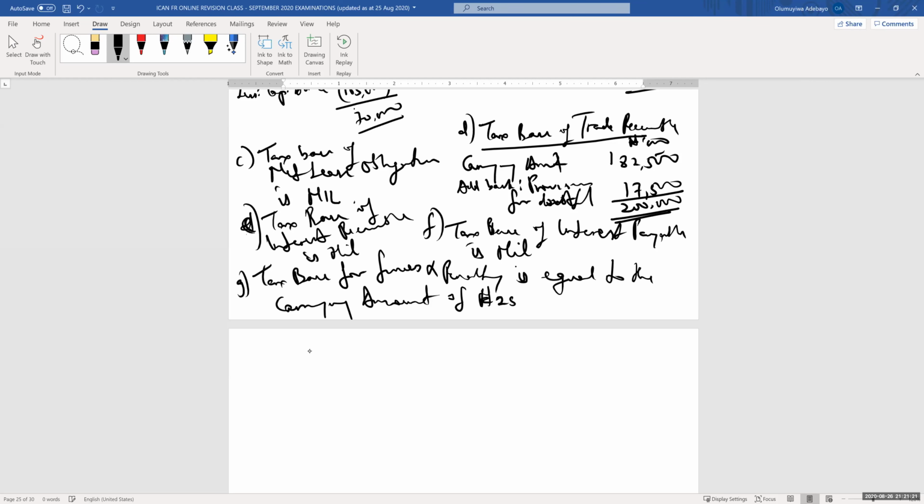Now, what does that signify? Because the law says that fines and penalty will never and ever be allowed for tax purposes. It means such a difference is a permanent difference. And remember, permanent difference does not result in temporary difference because they are two different things.